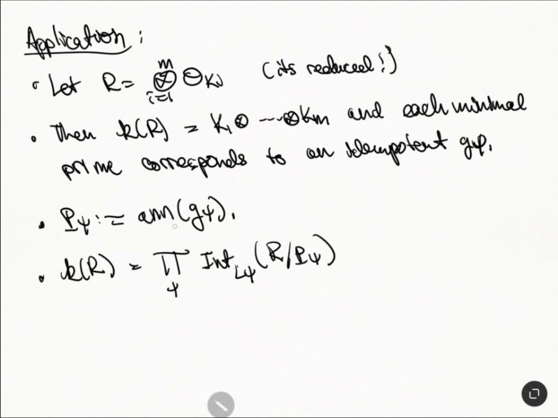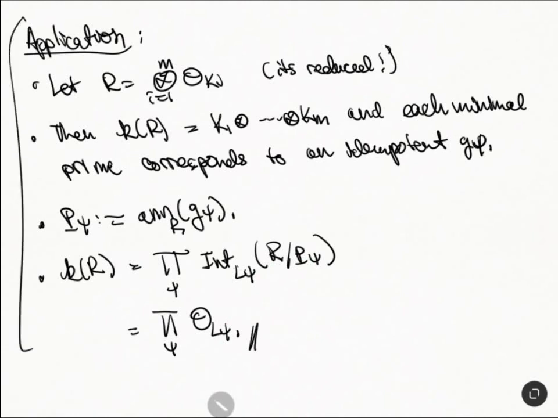So this is the annihilator for R, and this thing is just the integral closure, which we call O of L_psi. So in particular you could see that Z_p is in here, and we're taking the integral closure of Z_p in this thing. Okay, so if we're doing it in the local case, that's all I have to say about that. Okay, all right.